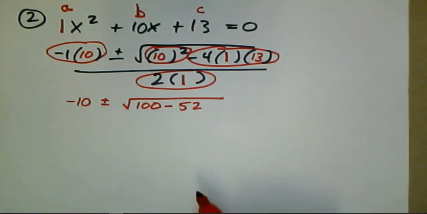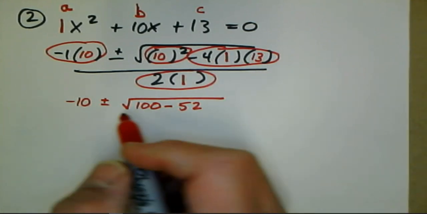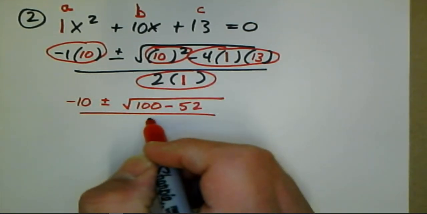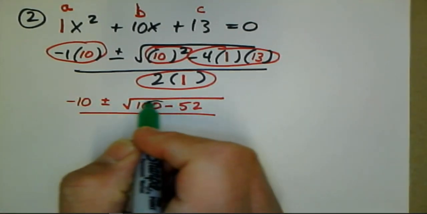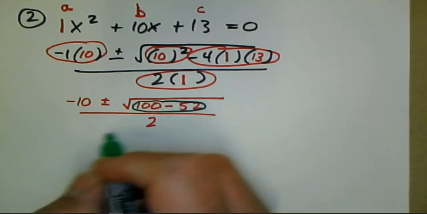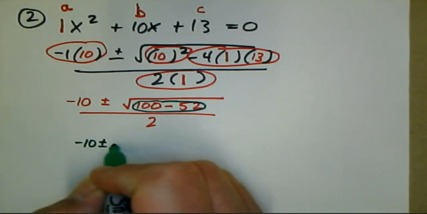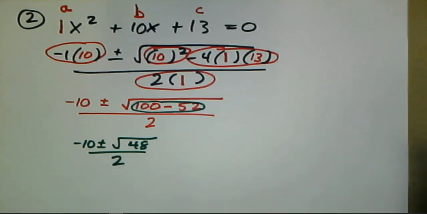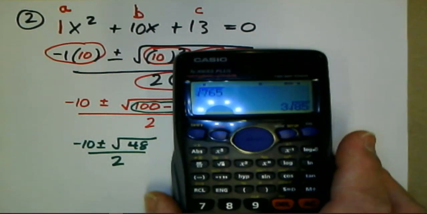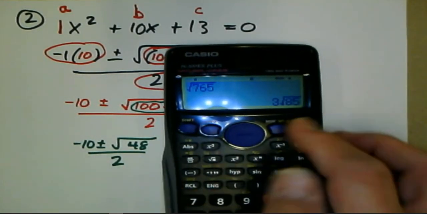Yeah, I knew it was negative. There's only one negative. And 2 times 1. 2. Then what is the only other thing we can do? We can only do the stuff on the inside. 100 minus 52 is 48.